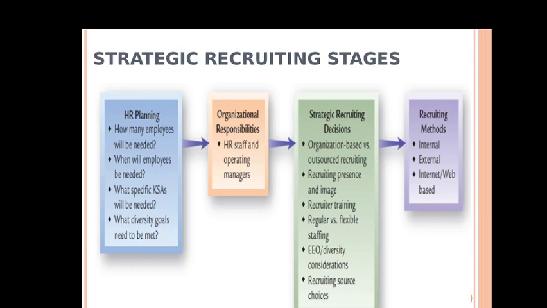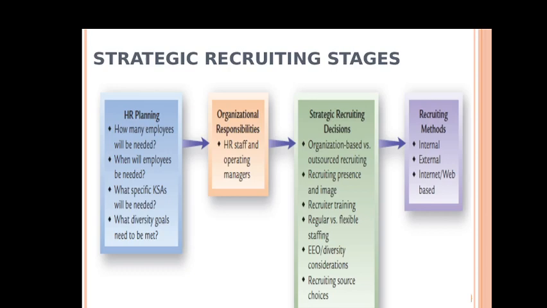When you do planning, you think about how many employees will be needed, when the employees will be needed, what the specific KSAs are, and what diversity goals need to be met. Organizational responsibilities would have HR staff and operating managers team up on such effort.